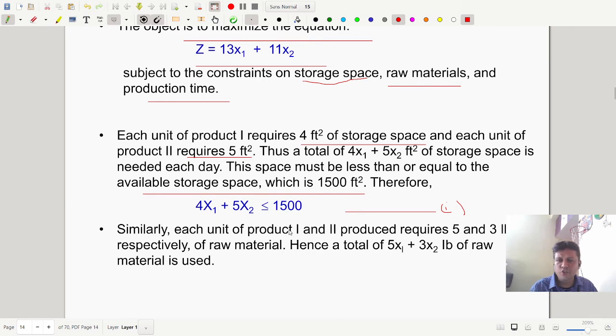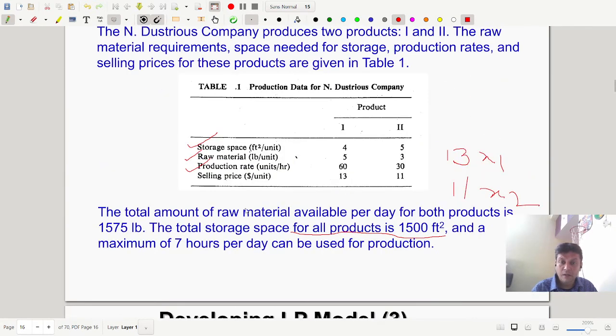Similarly, each unit of product 1 and 2 produced requires 5 and 3 pounds respectively of raw materials. And go to the table, you have a restriction on raw materials, 1575 pounds for both products.